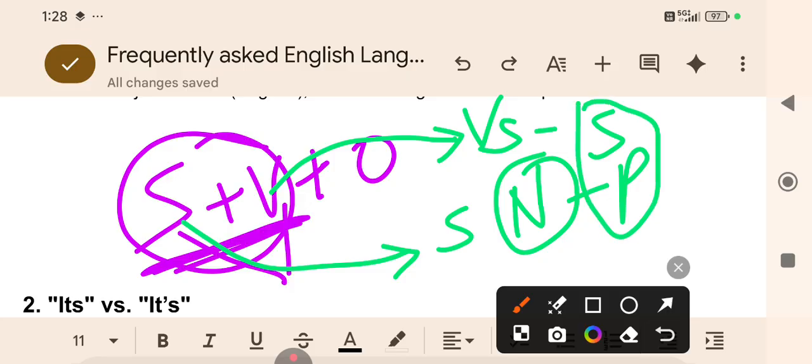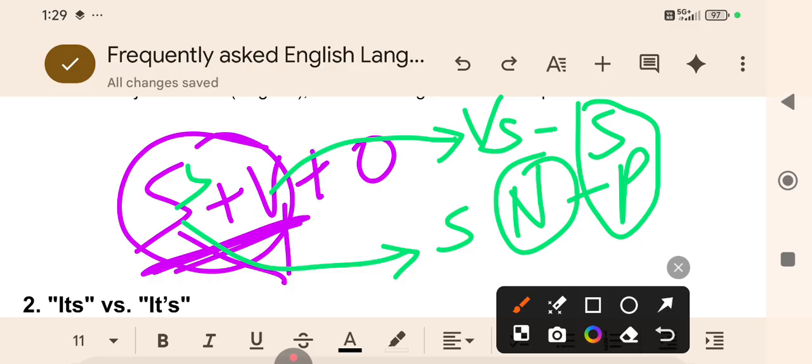When we add s with the verb, it becomes singular, and when we add s with the subject, it becomes plural, like boy boys, fan fans, pan pans. Usually for plural we put s. There are some different rules also: f becomes v-e-s, y becomes i-e-s. But commonly when we put s, the noun becomes plural. And when we put s with the verb, it becomes singular.